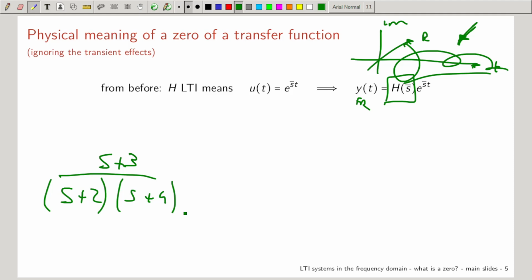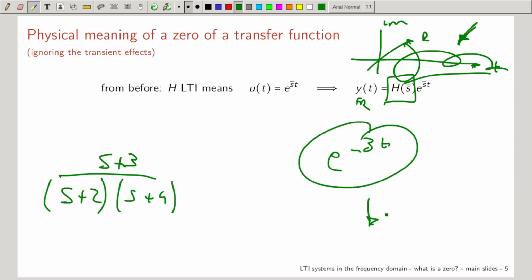Now, we take as exponential e to the minus 3t. How is the Laplace transform of this one? One over s plus 3.